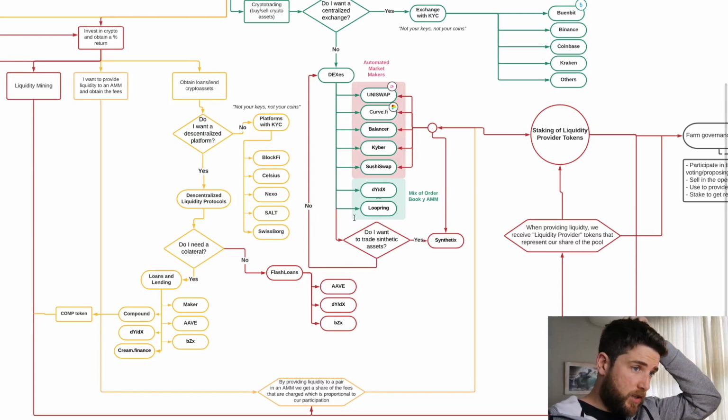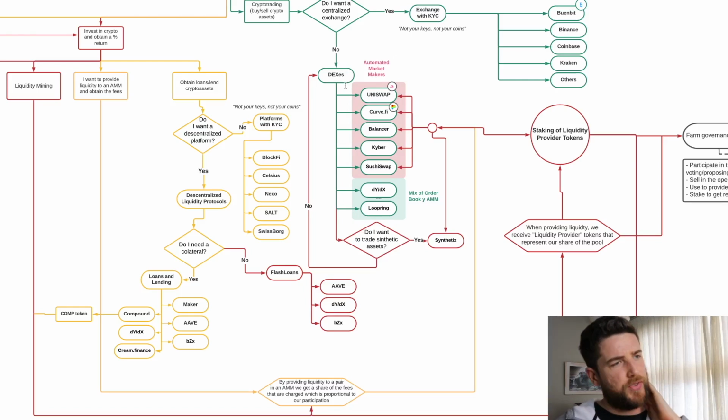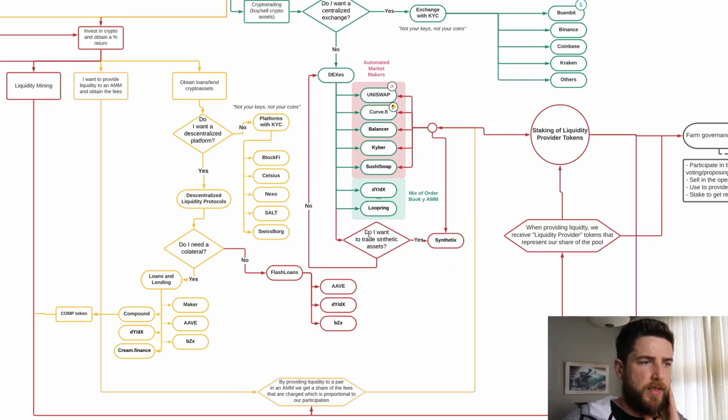There's one more thing that you might want to ask yourself when you're trading cryptocurrencies, and it is, do I want to trade synthetic assets? A synthetic asset is a token or an asset that follows the price of another asset, right? So you could have a synthetic of Bitcoin, and it is a token that follows the price of Bitcoin. You can have a synthetic of gold.